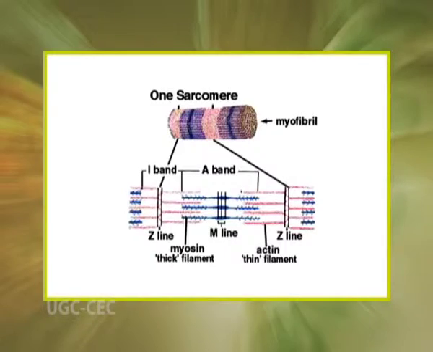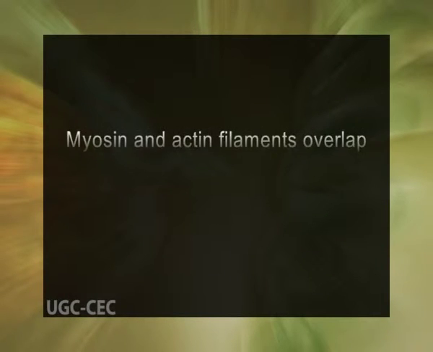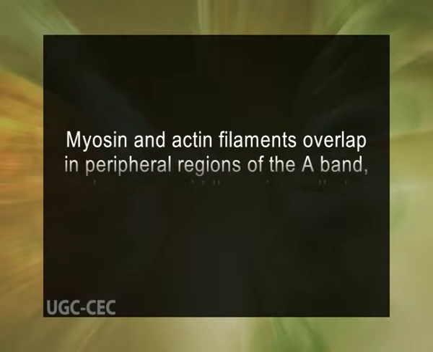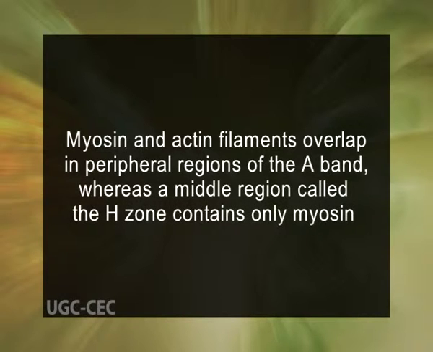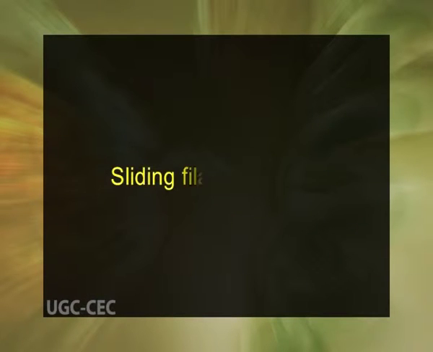These bands correspond to the presence or absence of myosin filaments. The I bands contain only thin actin filaments, whereas the A bands contain thick myosin filaments. The myosin and actin filaments overlap in peripheral regions of the A band, whereas a middle region called the H zone contains only myosin.